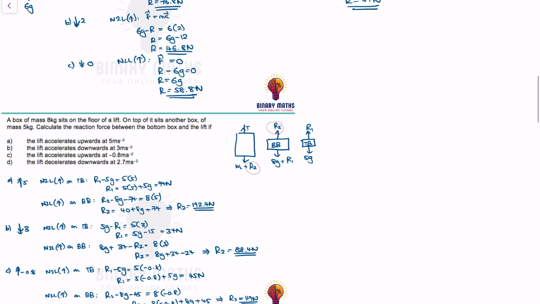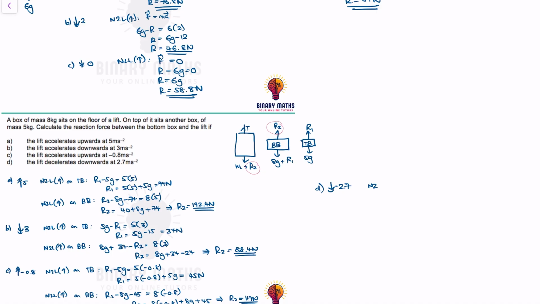Okay, the last case, which is D. The lift decelerates downwards, it's going down at 2.7. Because it's decelerating at 2.7, it means that it's accelerating at negative 2.7. So going downwards, but with acceleration negative 2.7.